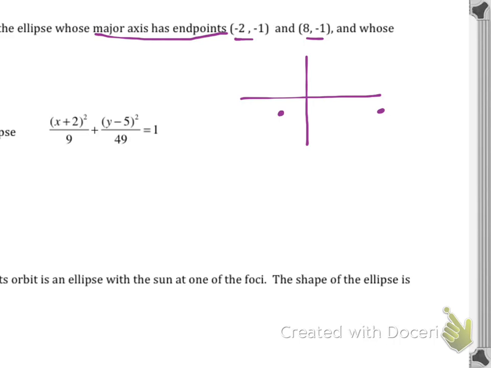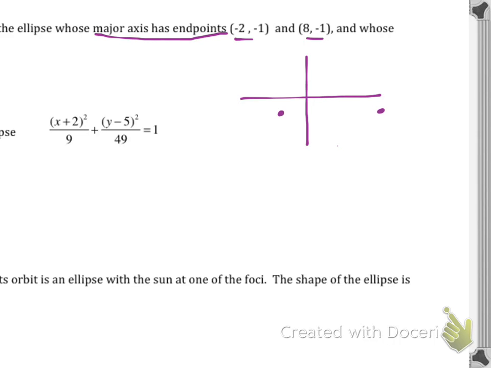Major axis endpoints are a pretty good indicator that I found A in some regard. Since it's -2 and 8, that's a span of 10 from one end to the other. From here to here, we're talking about a span of 10. You want to split that up, since the big thing we need to know is where the center is located.